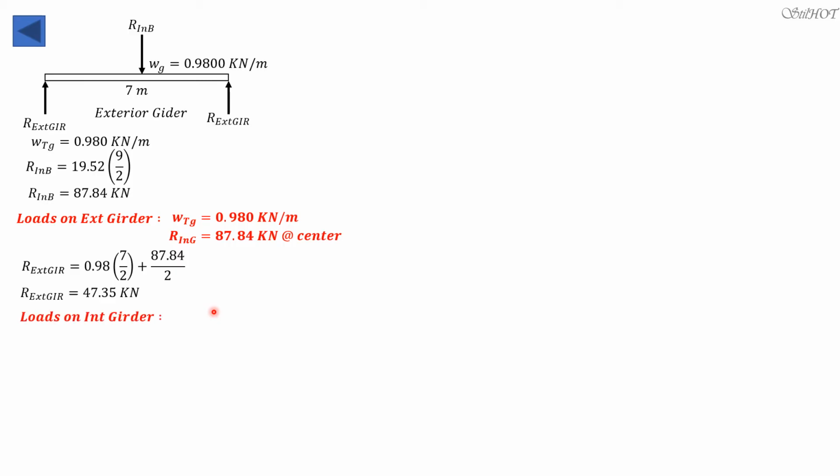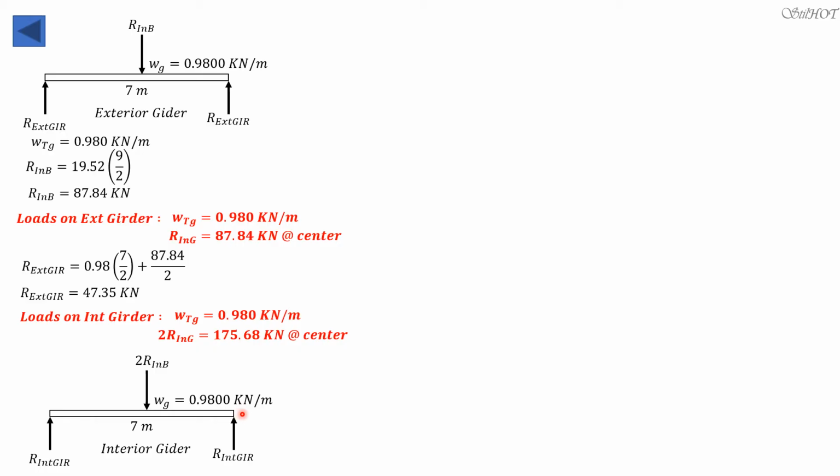Loads on the interior girder would be the uniform weight of the girder. Then, because this is the interior girder, we have to double this R interior beam. So we have the uniform weight of the interior girder, and a concentrated load at the center, which is double this value, so 175.68 kilonewton at the center.